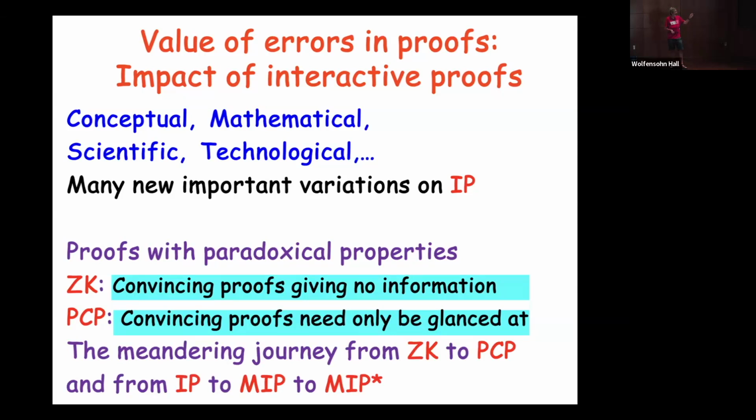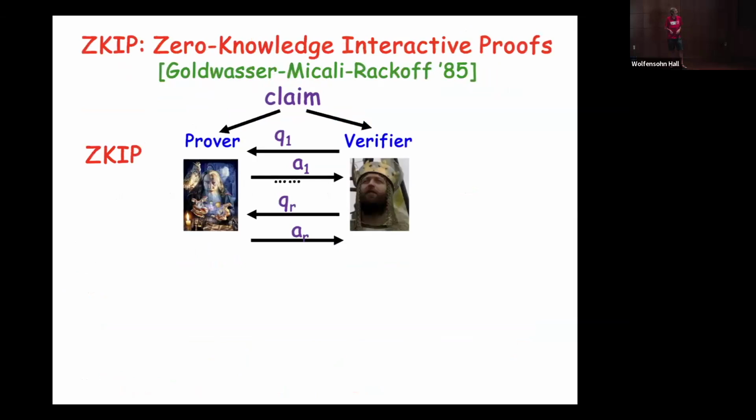Okay, so let me start with zero knowledge. What is a zero knowledge interactive proof? This was already suggested in the original paper of GMR. In fact, one of the motivations, they were coming from cryptography, and they were interested in the following notion. First of all, it's an interactive proof as I defined, a probabilistic interactive proof. And you'll demand one more thing.